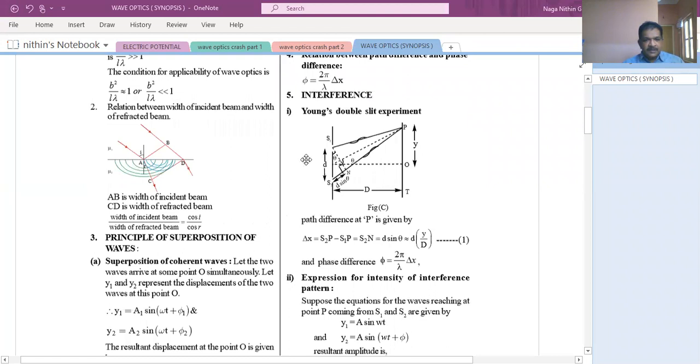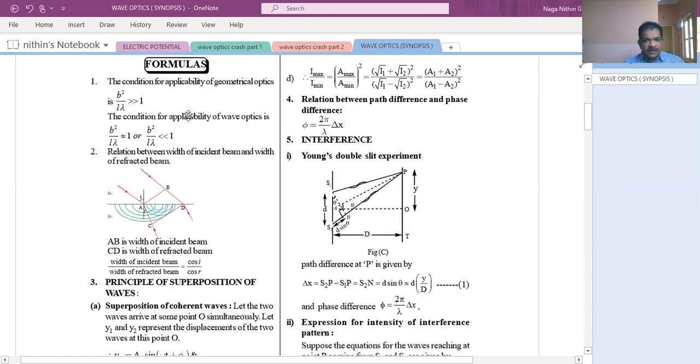Initially, what is the condition for applicability of geometrical optics? b squared by L lambda is much greater than 1, and then we apply ray optics formulas. Here, what is b? Size of the obstacle.